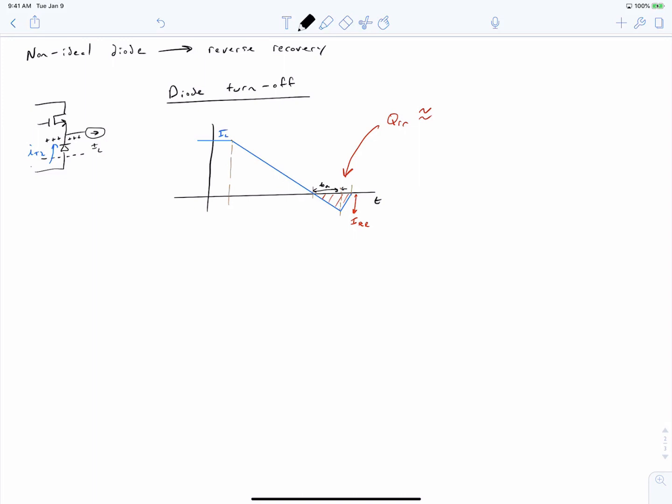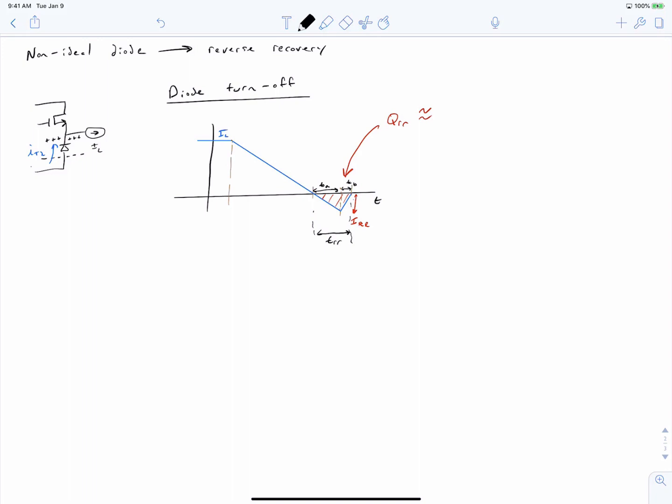We're going to break this into two time intervals, time interval A and time interval B, and together they make up the entire TRR time, reverse recovery time, which is specified on a data sheet.